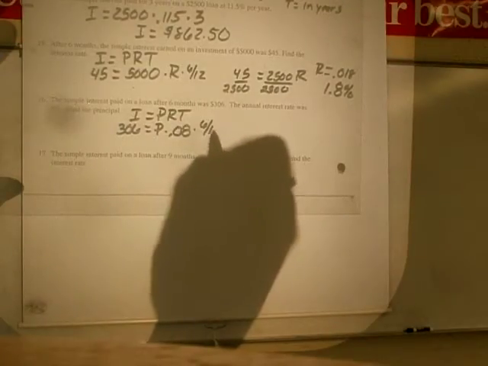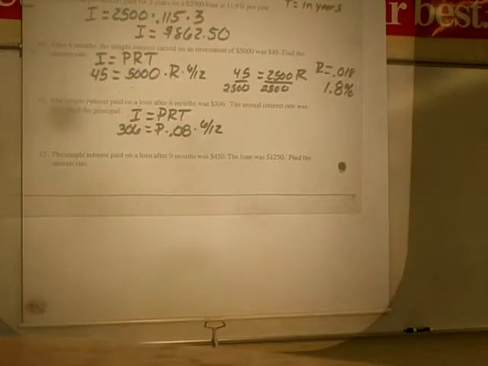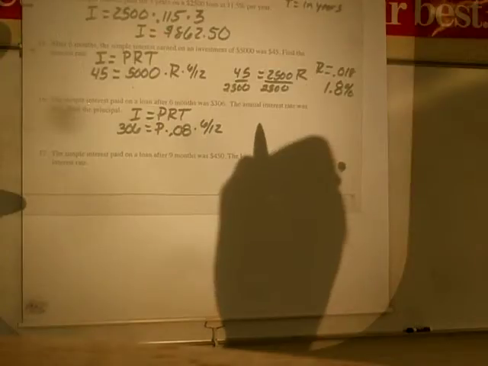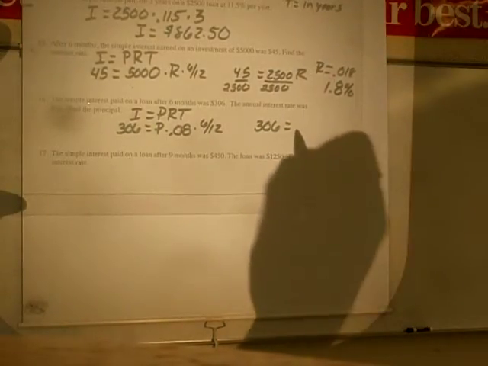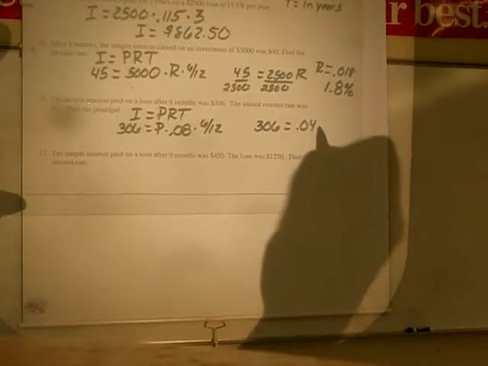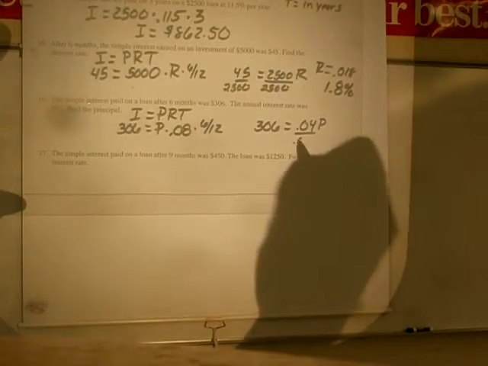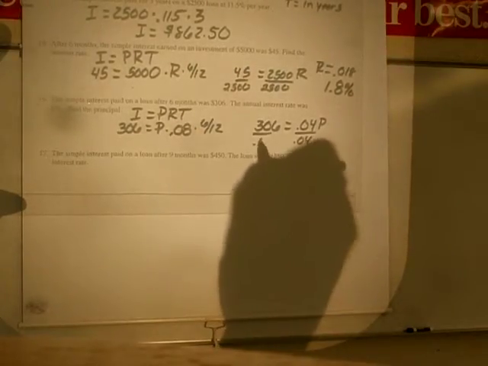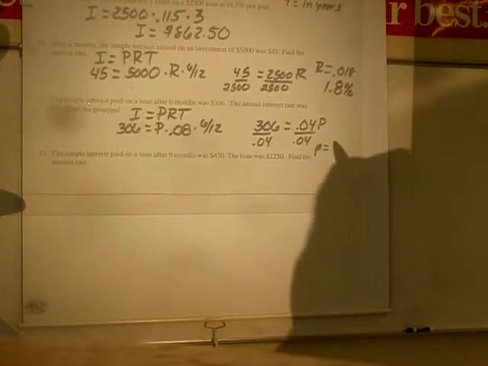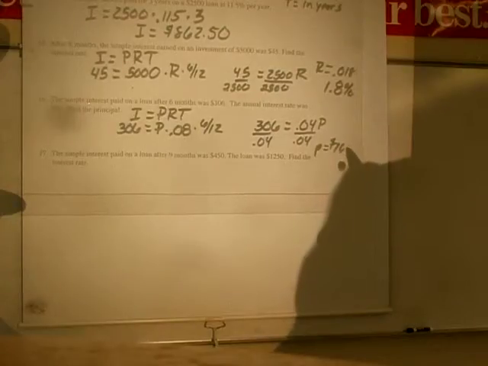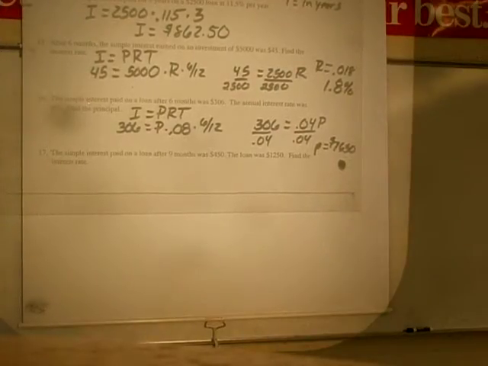And the time is 6 months. Remember, we want that in years, so we need to do 6 over 12. As we multiply that out, that becomes 306 equals 0.04p. Dividing both sides by 0.04, our principal is $7,650.